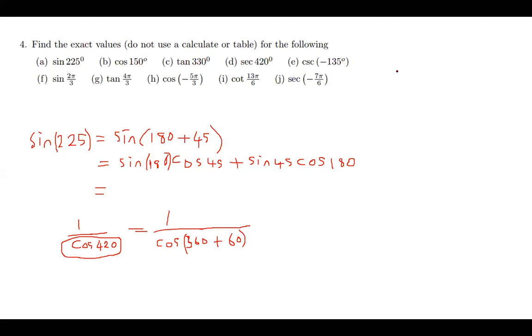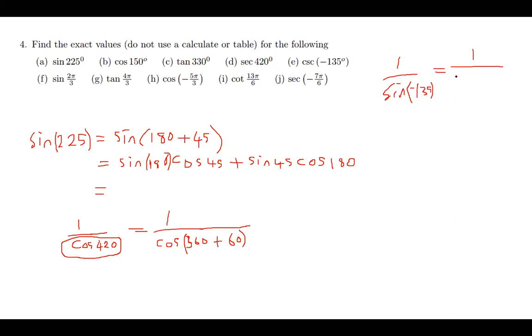Cosec 135 is just the same as 1 over sine 135. Sine negative 135, how can you find the negative number? The negative number is found by subtracting the bigger number from a smaller number. So you find two special angles that you are going to subtract.